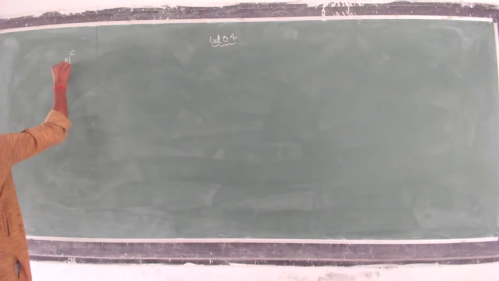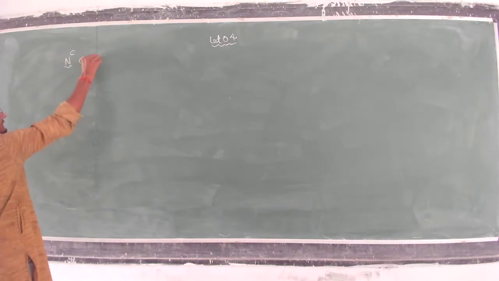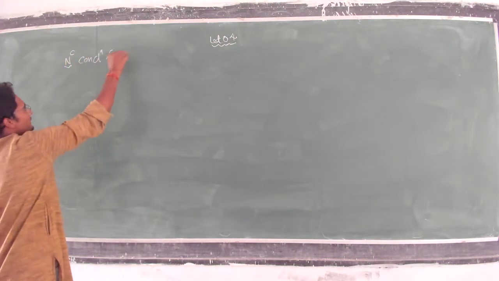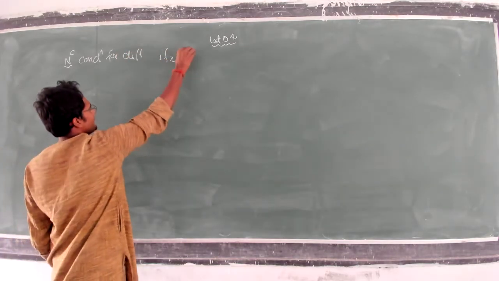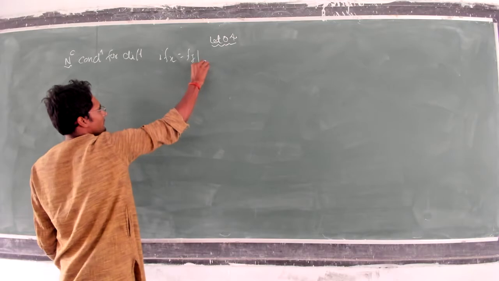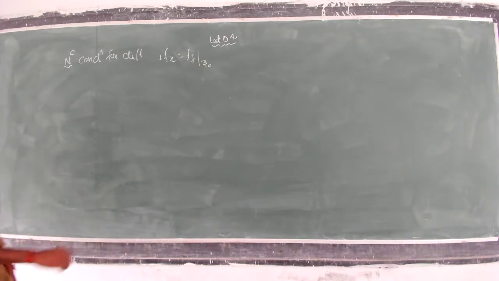So the ones we have seen, the necessary condition for differentiability, was fx is equal to fy at a particular point z naught, right? This was the necessary condition for a function to be differentiable.